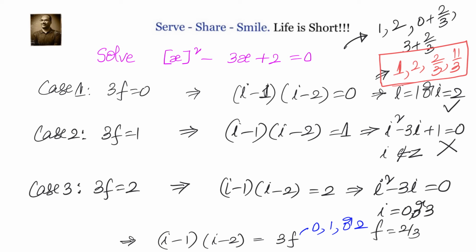In the third case, we have 3f equals 2. When we solve this, we got I equals 0 or 3. That means in this scenario the x value will be 0 plus 2 by 3 and 3 plus 2 by 3, because remember our x is I plus f, where I is the integer part and f is the fractional part. So finally the solutions are 1, 2, 2 by 3 and 11 by 3.